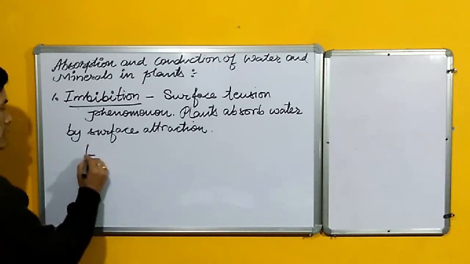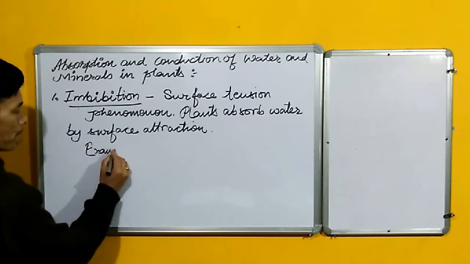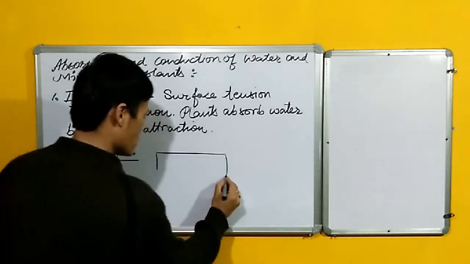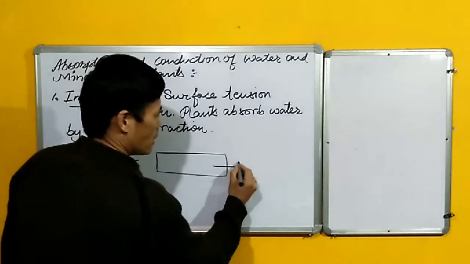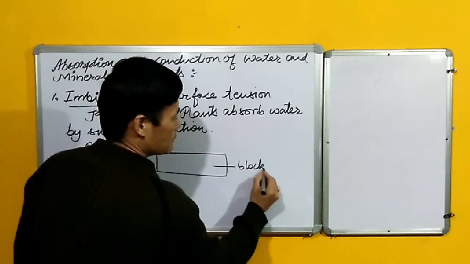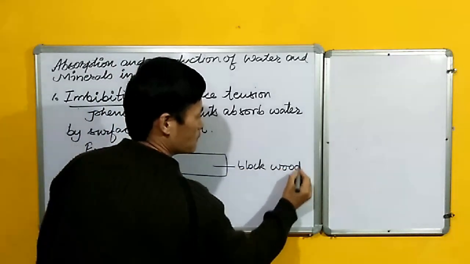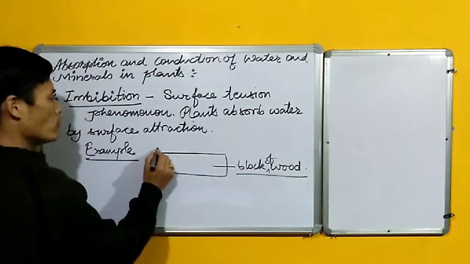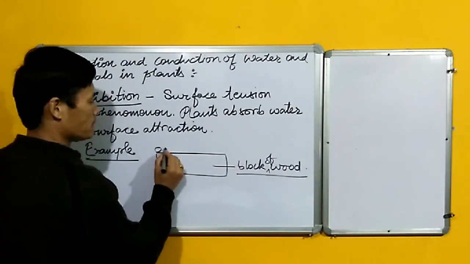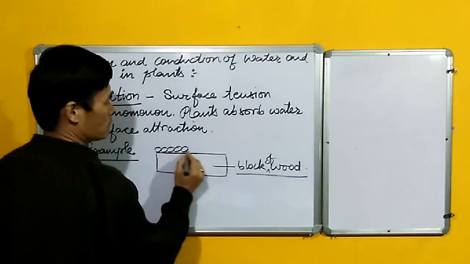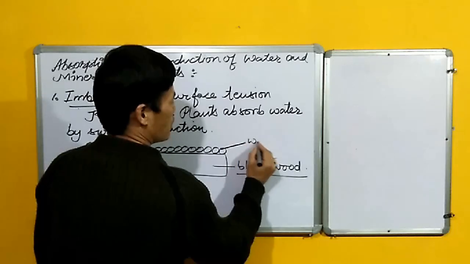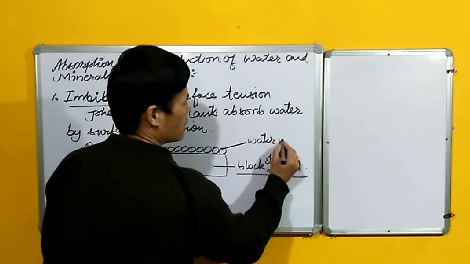A good example to understand this would be if we take a dry wood, a block of wood, and if we pour water above it, let's say these are water molecules.